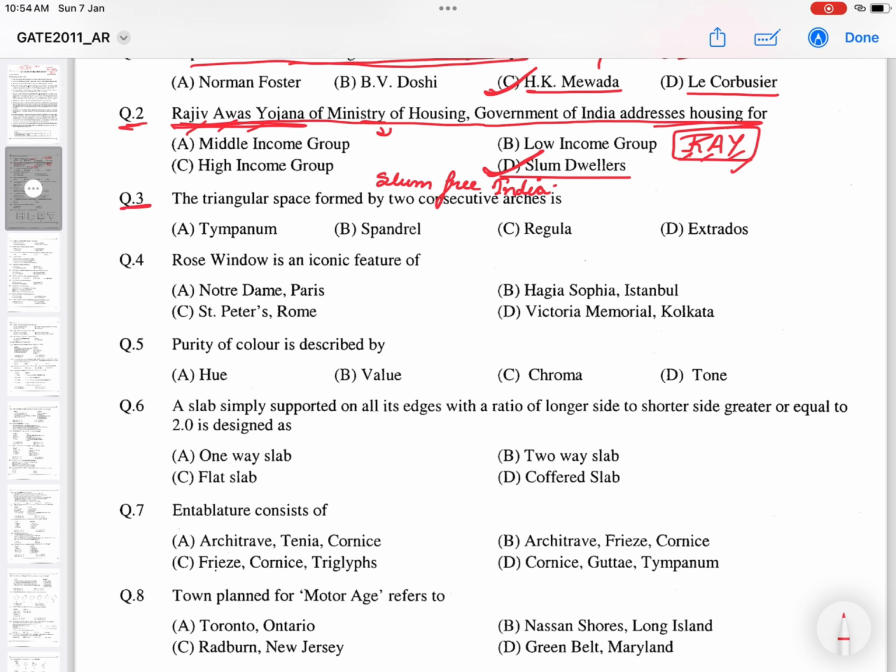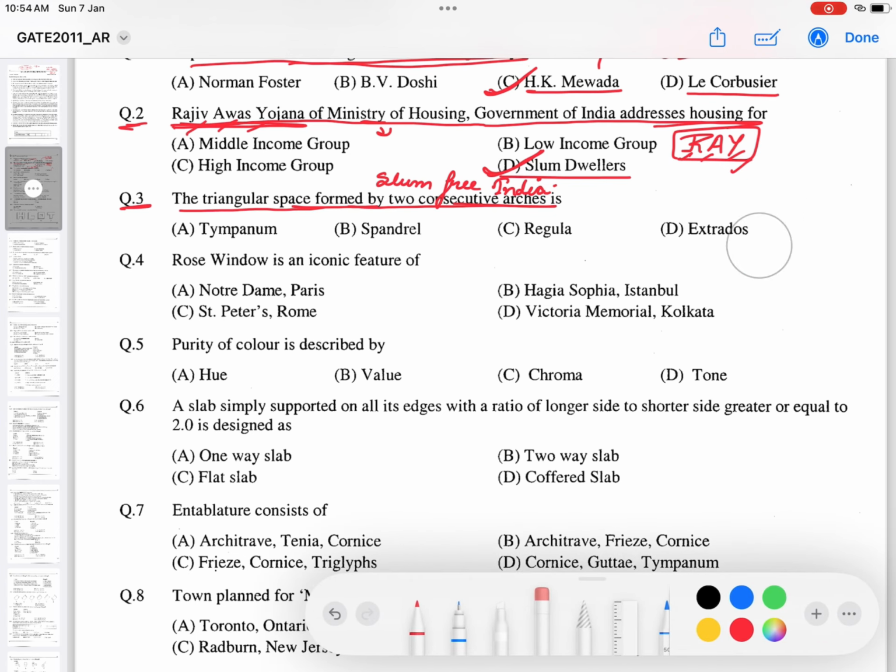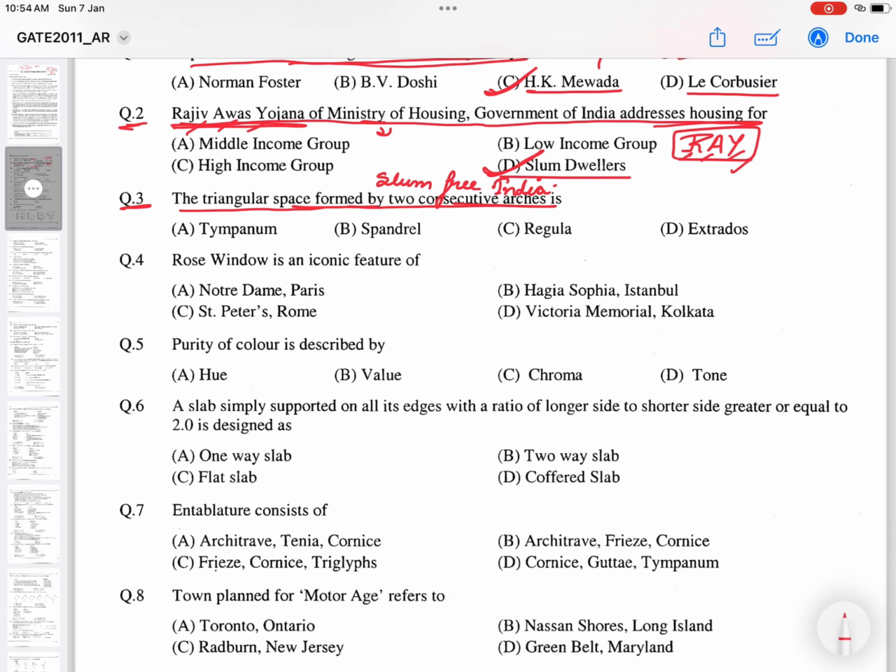Okay. Now moving on to question number 3, the triangular space formed by two consecutive arches. So we see that there is this arch, and then we have another arch starting from here, a series of arches.